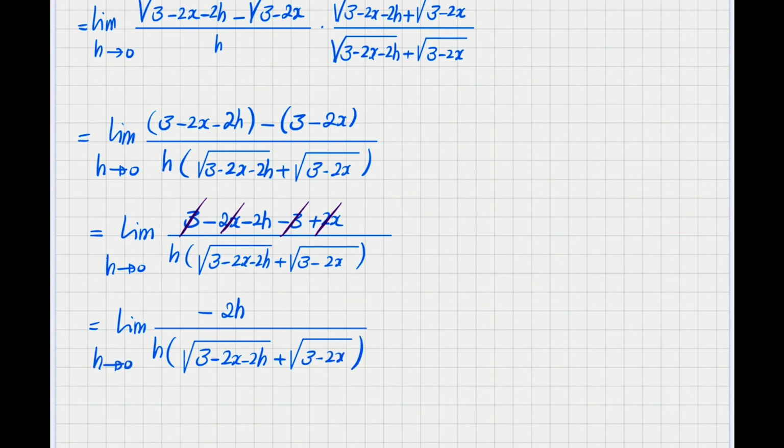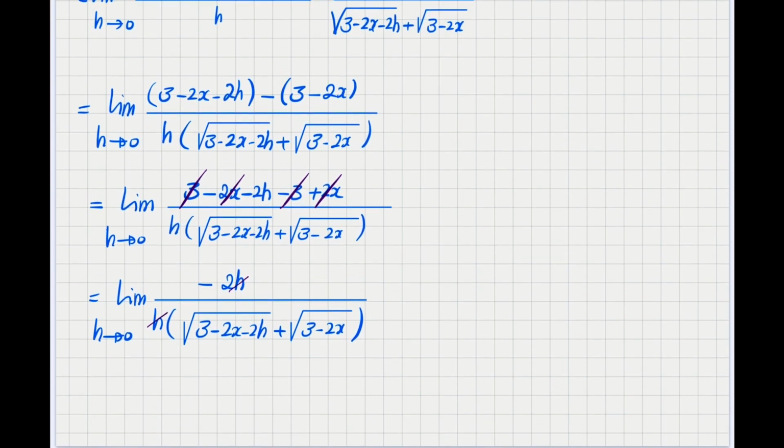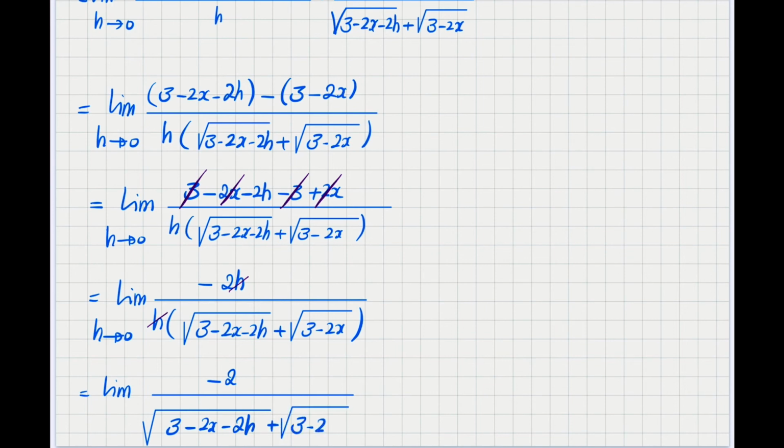Of course in this case you see that h is a factor of the numerator as well as the factor of the denominator, so I can cancel them out, and then what is left in the numerator is simply minus 2, and the denominator becomes the square root of 3 minus 2x minus 2h plus the square root of 3 minus 2x, and h goes to 0.